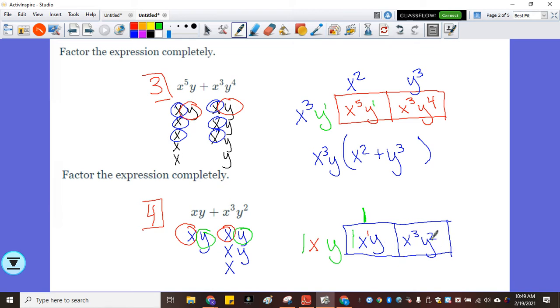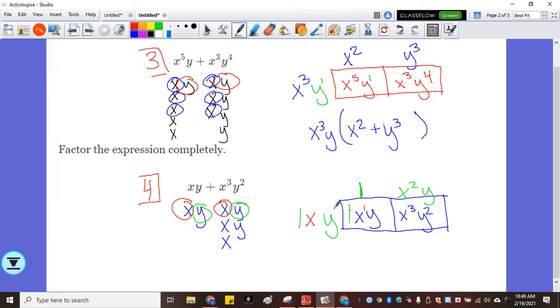Okay, and then in this last one, you had 3 x's. I took 1 out. How many was left over? 2. I had 2 y's. I took 1 out. How many are left over? 1. So there's my answer. Remember, when you factor, the answers are on the outside.